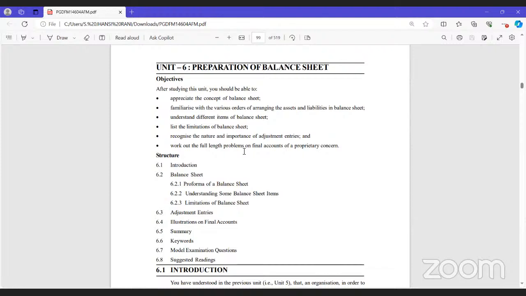Now in the balance sheet, we will write assets and liabilities. A balance sheet is a statement which shows what the organization owns and what it owes, that is, what the organization has of its own and what it has to pay to outsiders. It shows how much the organization owes to others and how much outsiders owe to the organization.